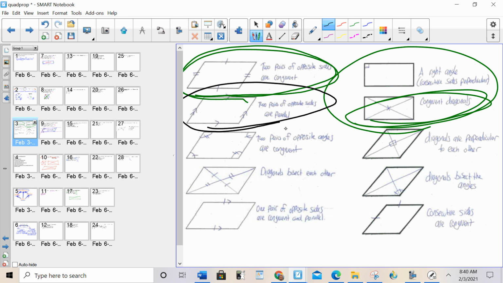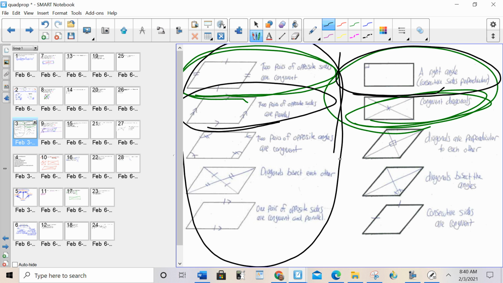It does not prove it's a rectangle. A right angle is a property of a rectangle. A right angle proves that a parallelogram is a rectangle. So these are all properties of the rectangle, but only these two prove that a parallelogram is a rectangle.